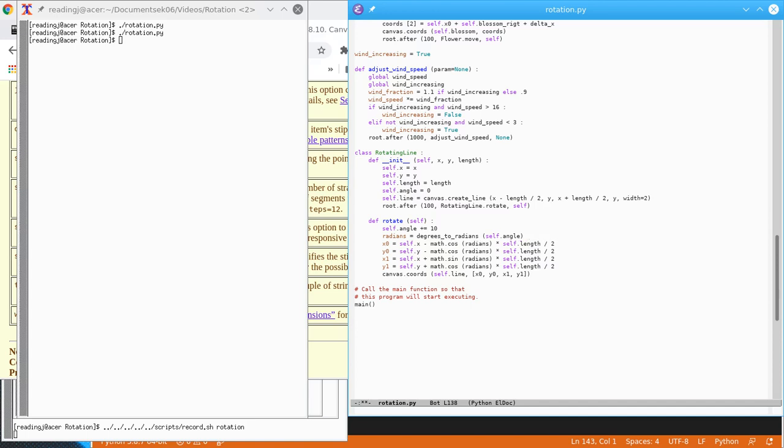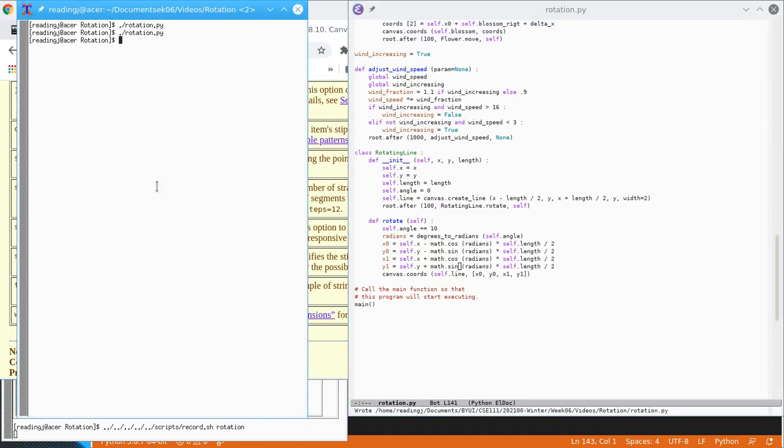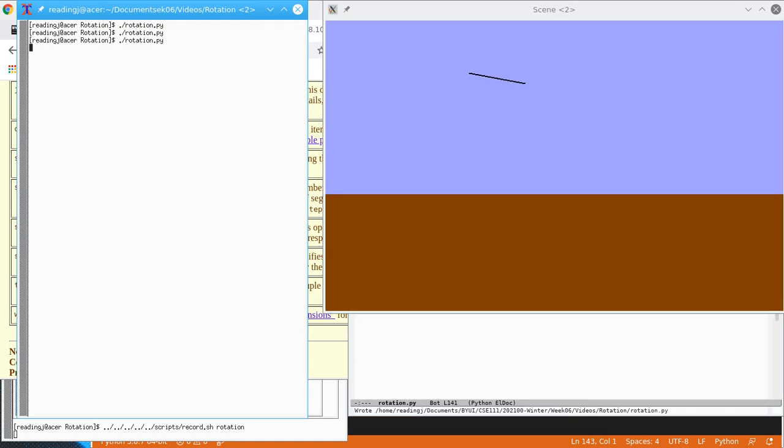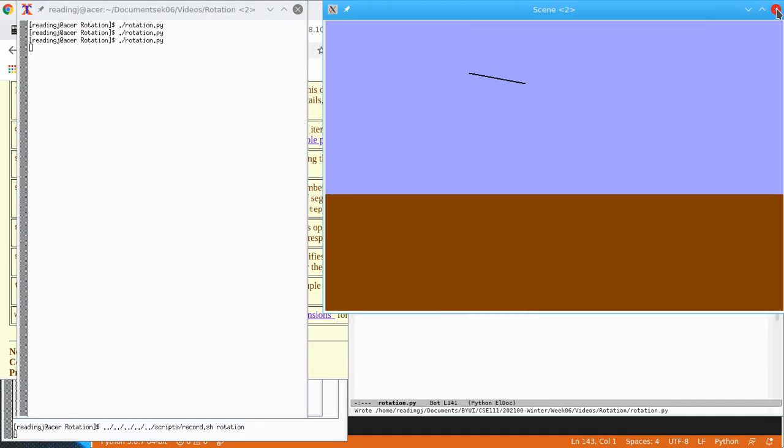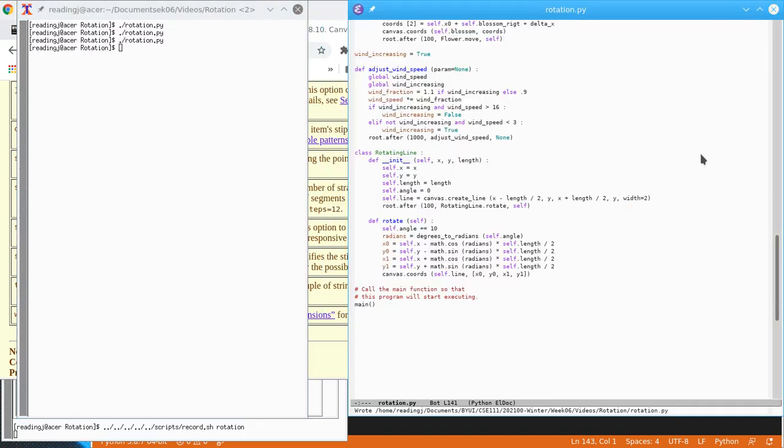This should indeed be cosine, and this should indeed be sine. I said it seemed backwards, right? Cosine is typically associated with x, sine is associated with y. Whoa, why is it going backwards? So that is this sign here.